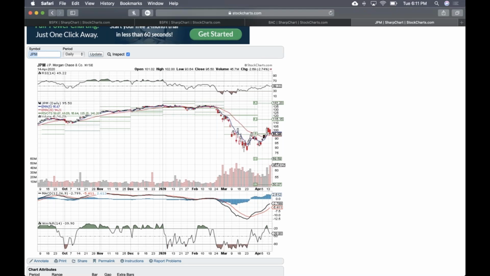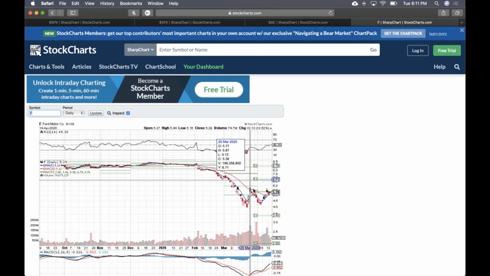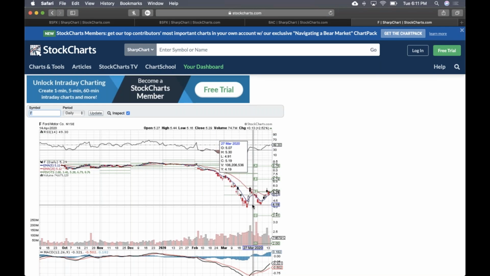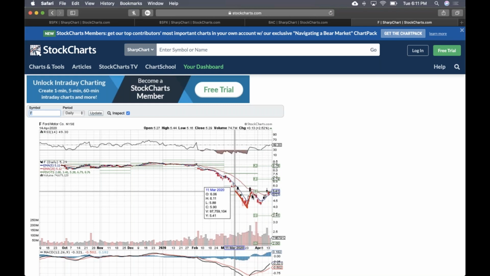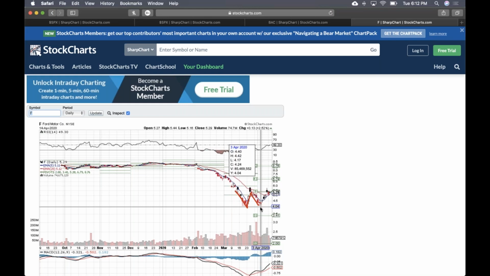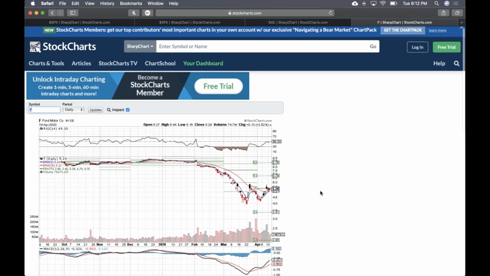So JP Morgan, I did Disney, wanted to do Ford. Now Ford almost fits it the best out of those ones I've seen, of course. Kind of more like that. Not quite back down to 4, but pretty darn close. And they're actually very close to becoming bullish.